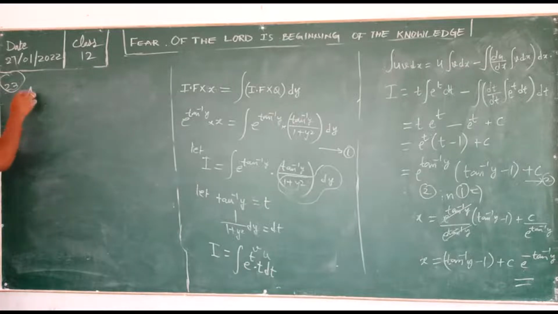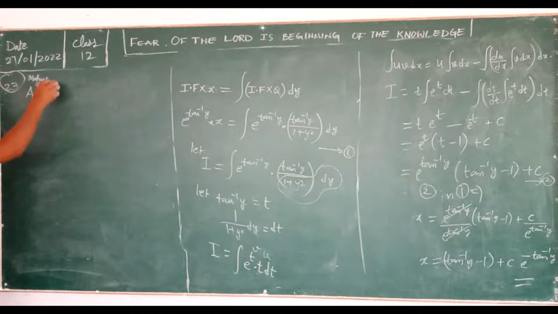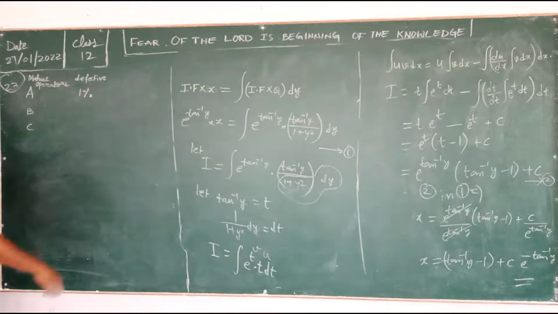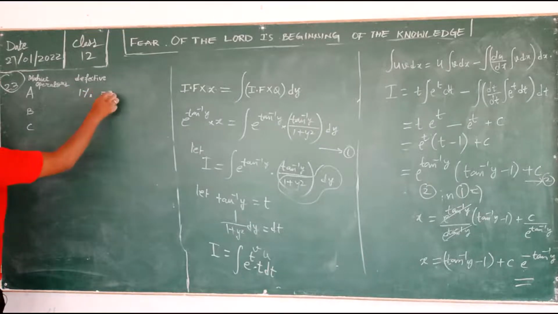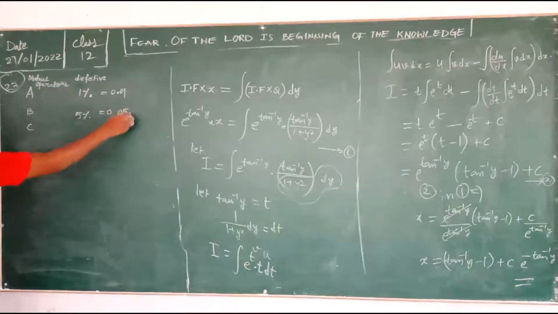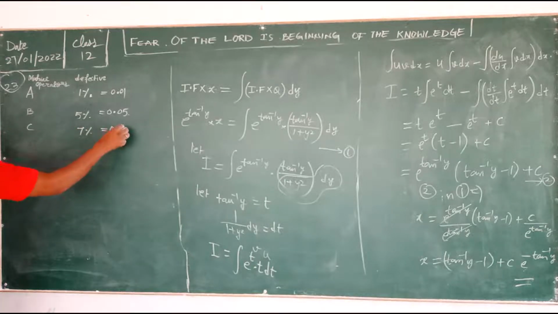So A, B, C, these are all operators. A is how much percentage they said? 1% defective items, but in probability terms that means 0.01. And B 5% defective products, that means 0.05. And then C is 7% they said, that is nothing but 0.07.